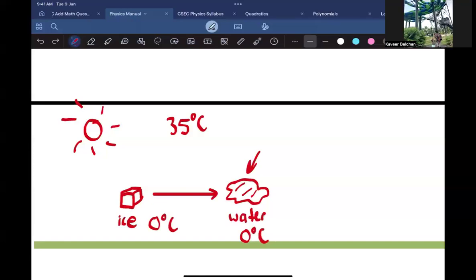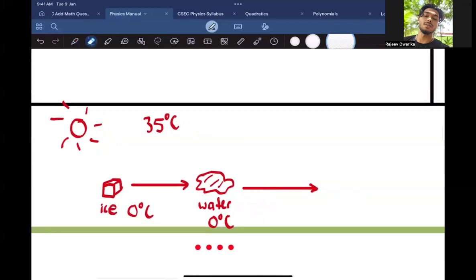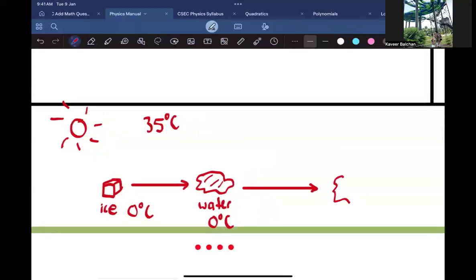So when ice melts in the sun, it turns to water at 0 degrees Celsius, and it will take some time after. Imagine you have a puddle, the ice just melted and the puddle is so cold. After some time, the water will reach 35 degrees Celsius. You understand? Yeah.